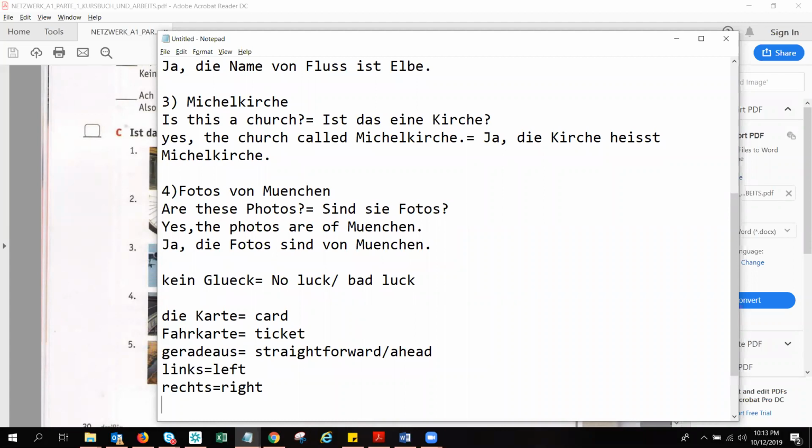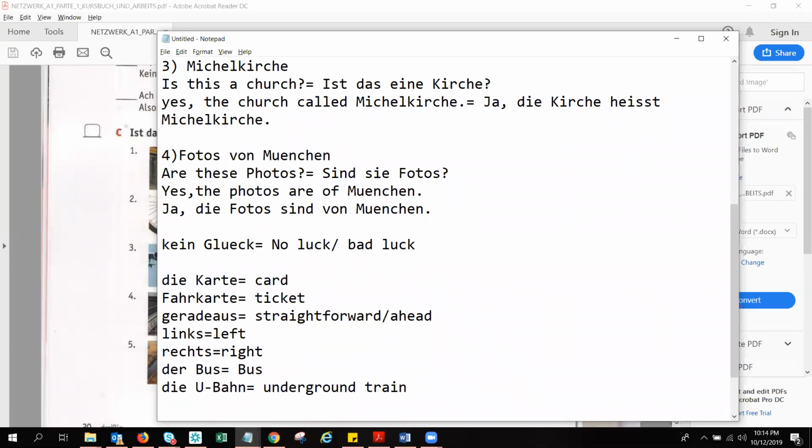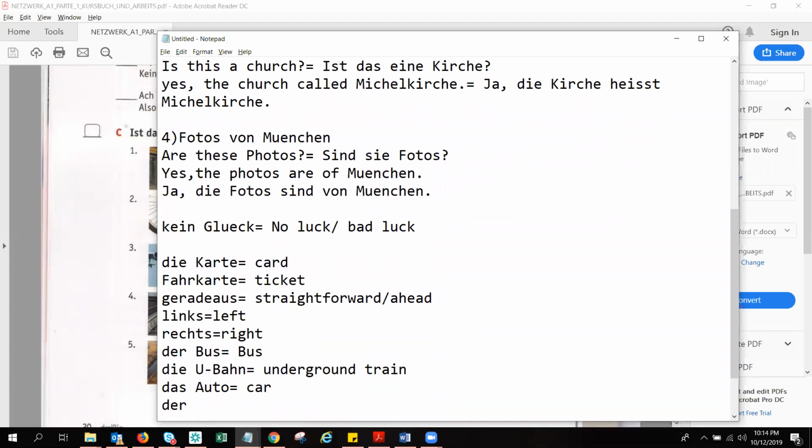Then we have a few nouns like der Bus, like bus in English. Die U-Bahn is metro train, underground train. Then das Auto, we have done so many times. Das Auto is car. Then das Fahrrad. Fahrrad is bicycle, or you can simply say cycle.